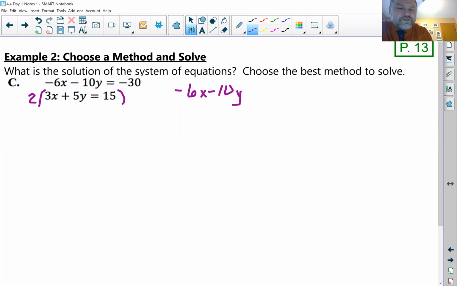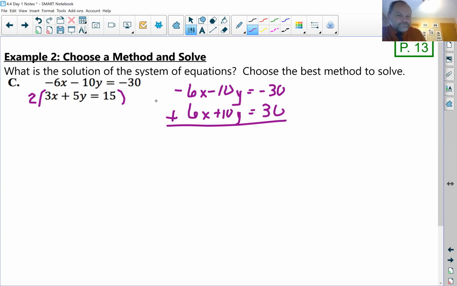So yes, there is a little bit of work if you're going to use elimination. Remember, we're multiplying everything in that bottom equation by 2 and adding. -6x plus 6x, 0. -10y plus 10y, 0.